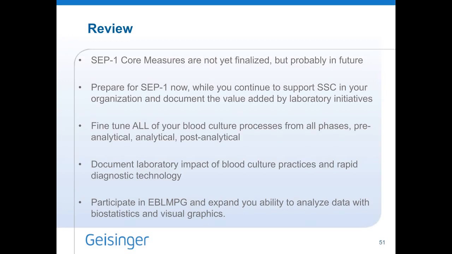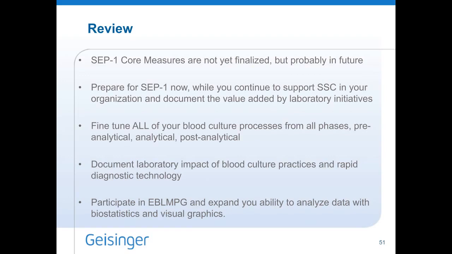Document the laboratory impact of your blood culture interventions and practices with your new instruments or rapid technology, and do think about participating in the evidence-based lab medicine practice guidelines, and expand the way you analyze your data for your quality measures. A trend graph is nice, but it's not too hard to learn, or Google or YouTube, how to do a Wilcoxon rank sum in Excel.